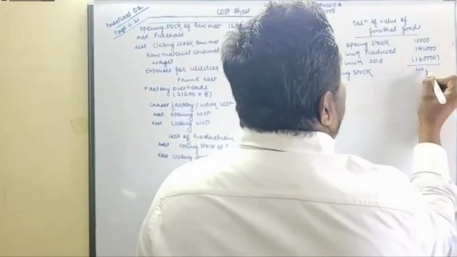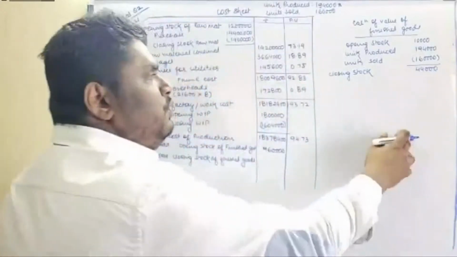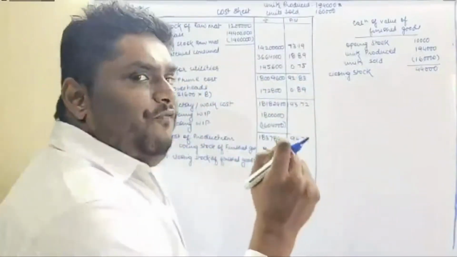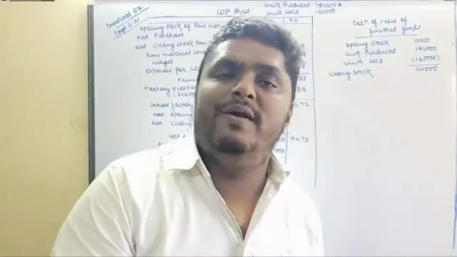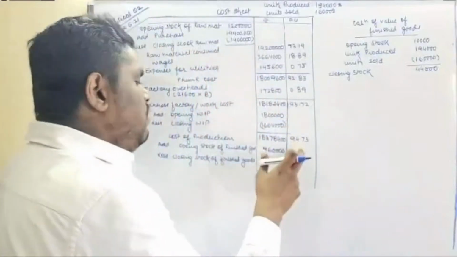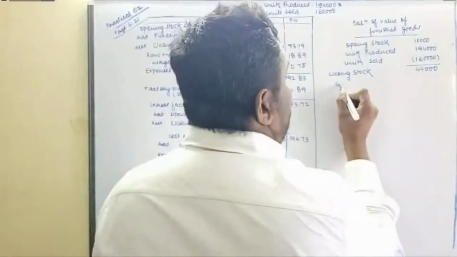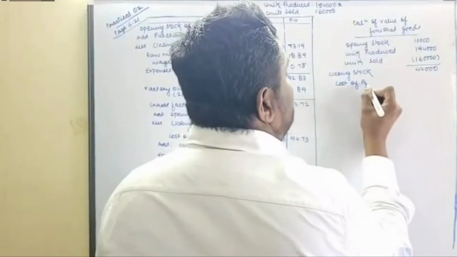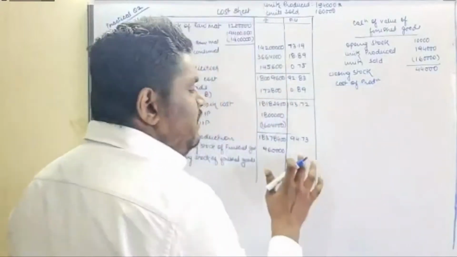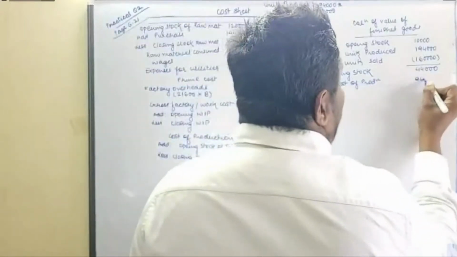is 44,000. And as I told you guys, the value of finished goods, if not given in the question, will be valued at the cost of production. Cost of production we have already calculated, that is 94.73.